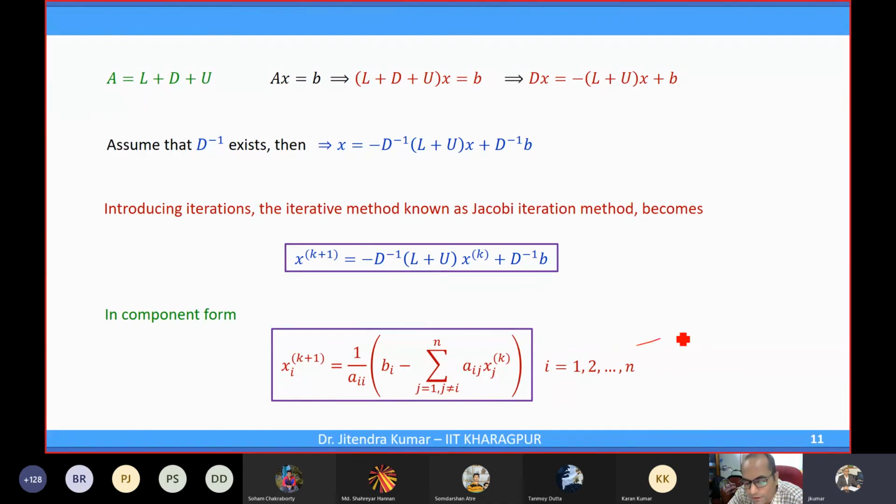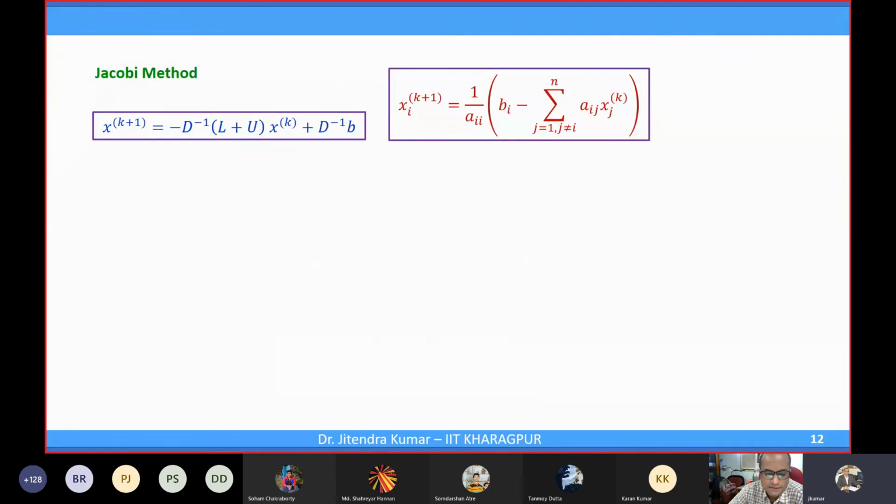So this is the component form; otherwise, this is the matrix-vector form. Is it okay? Did you get the idea?